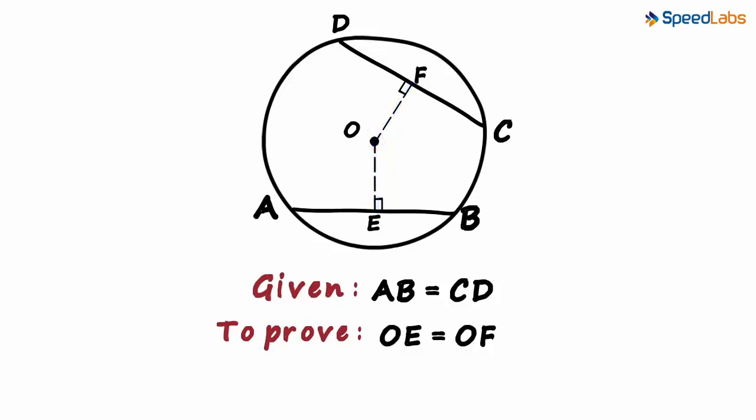Now it gets interesting. The best way to prove two lengths equal is by proving their respective triangles congruent. And as usual, we see no triangles, which means we need to construct to form two triangles. That's the question we need to answer. How do we form two triangles?